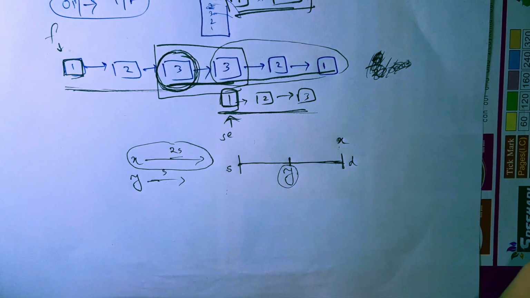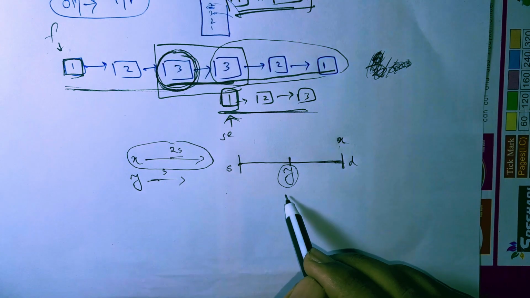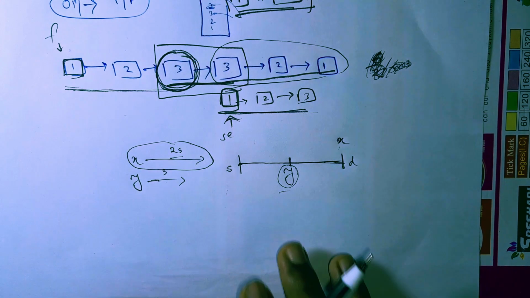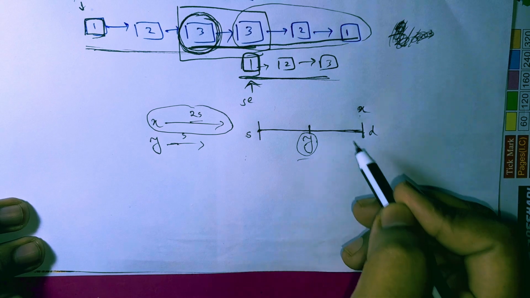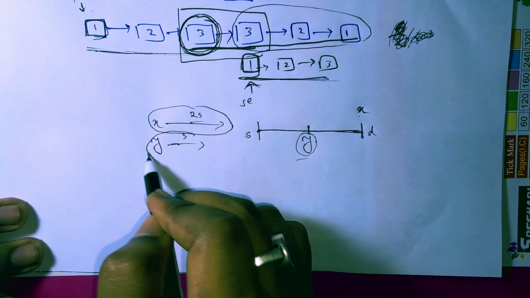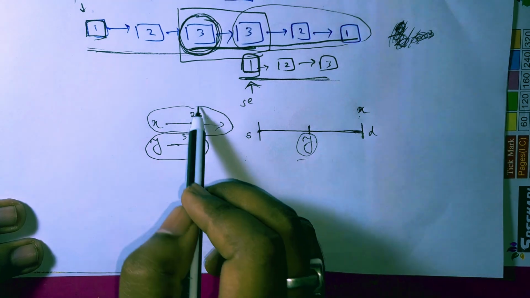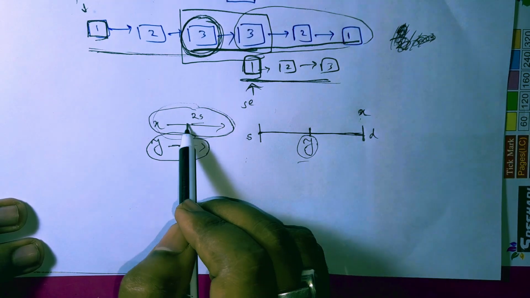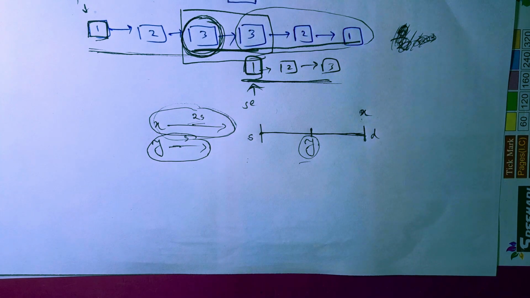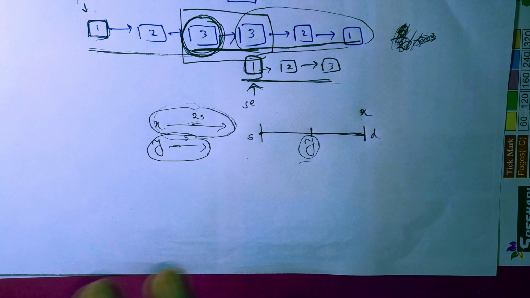I hope you understood the concept, why I am telling it. In the same way, you can use slow and fast pointer. Your slow pointer speed is s and your fast pointer speed is 2s, which means your fast pointer will move twice as fast as your slow pointer.